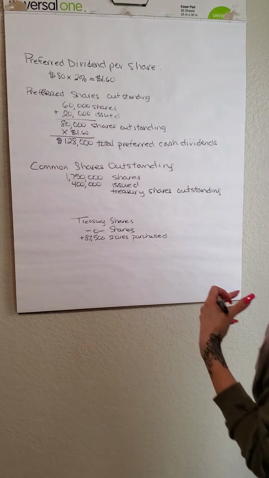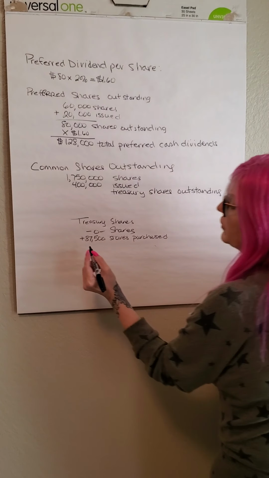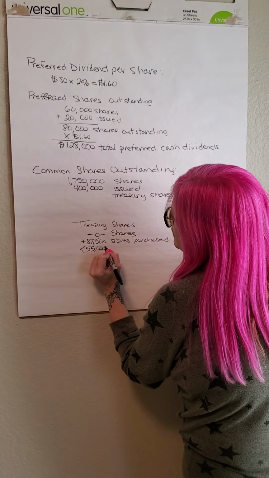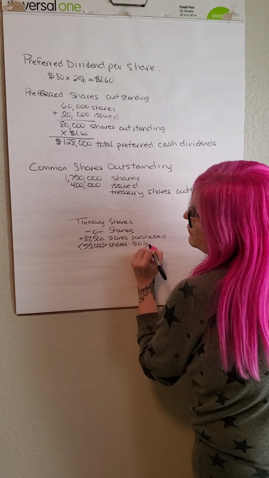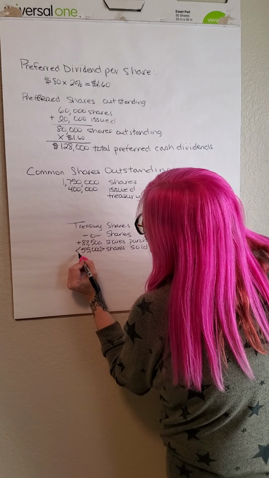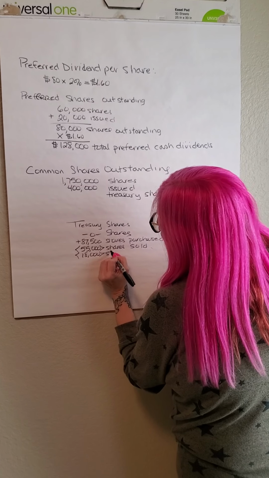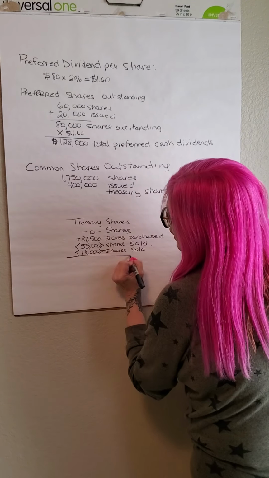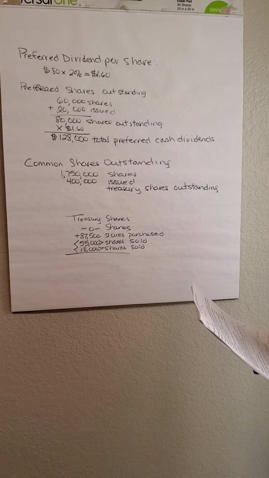And of those 87,500 shares, we sold 55,000. And then later we sold 18,000 in transaction E. So we're going to subtract those 18,000 shares sold, and that's going to give us total treasury shares that we have.